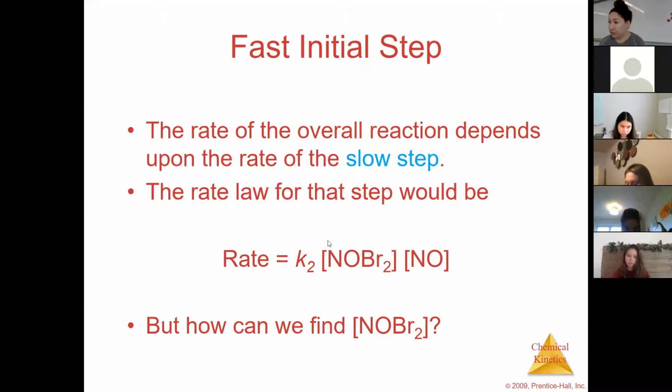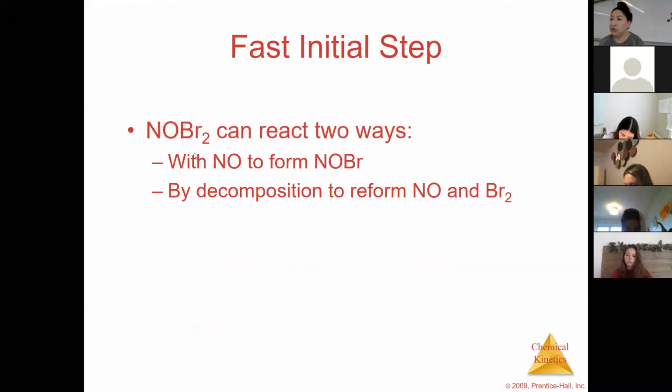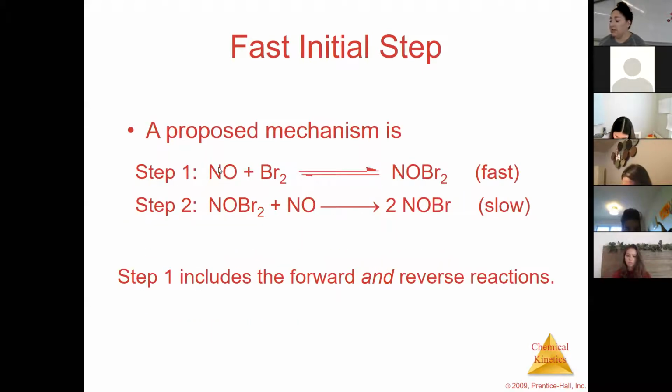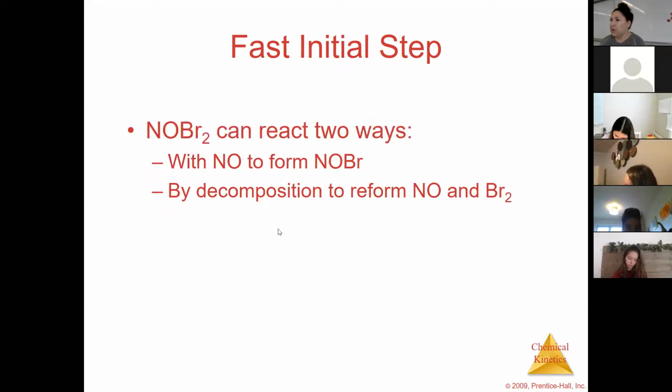Well, what we know is NOBr2 reacts two ways. And actually, I'm going to go back here. In step one, these two combine to make it. And in step two, the reverse would break up, but it looks like we don't have a reversible arrow there. So it reacts with NO to form NOBr, or it decomposes to reform NO and Br2.